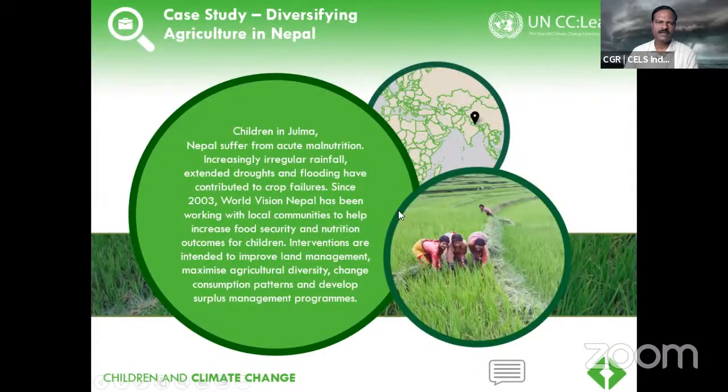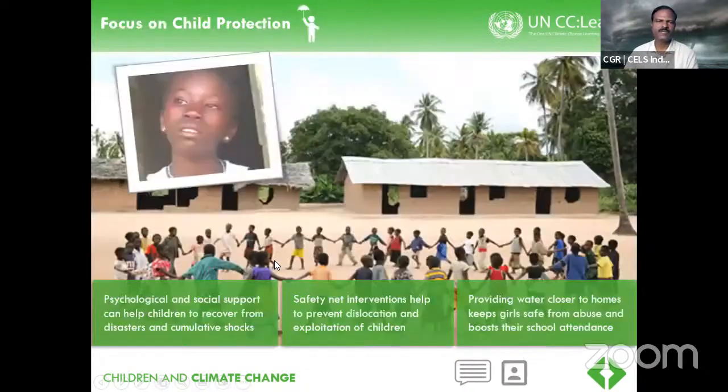So again a case study is given of Nepal, where children are suffering from acute malnutrition. And here the factor is psychological and social support to children, that is very, very required. The counseling is very much required.